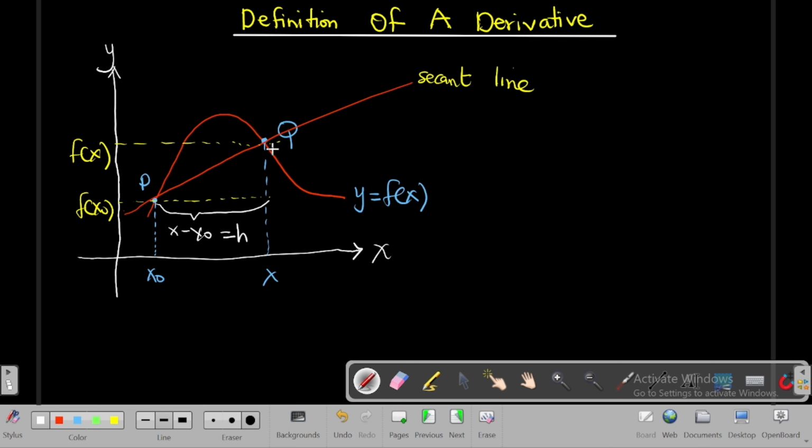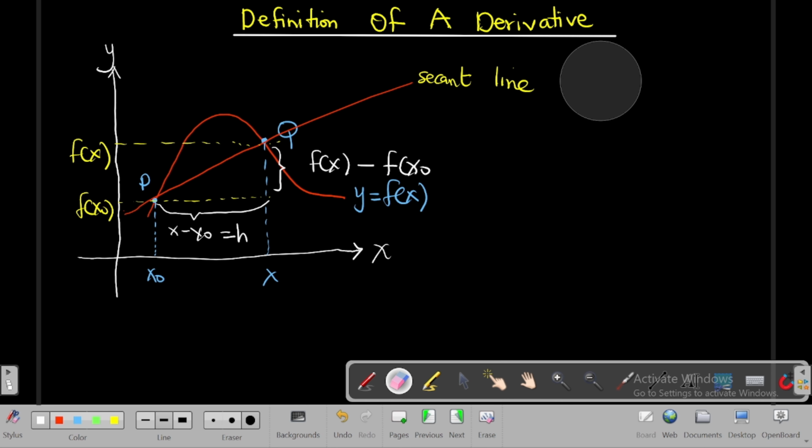So this side will also be f of x minus f of x naught. Now to find the slope of this secant line, we can say that the slope of the secant line, and here the secant line, let me write it well.